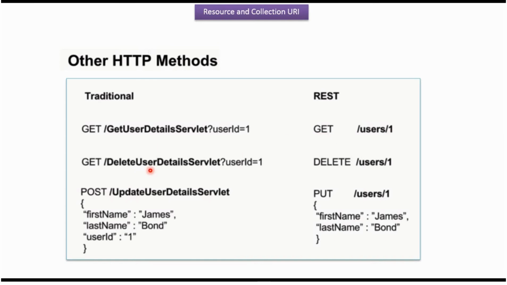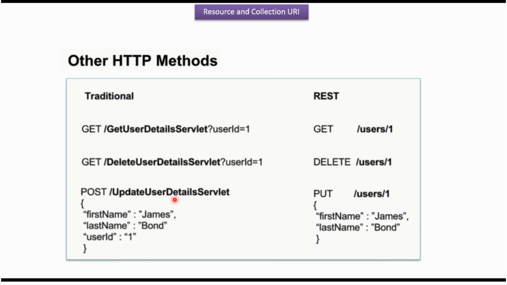To delete a particular user, the URI in the traditional approach will be delete user detail servlet, question mark, then the user ID, and the HTTP method is GET. In case of REST, the URI will be /users, then the user ID in the path parameter, and the HTTP method is DELETE.